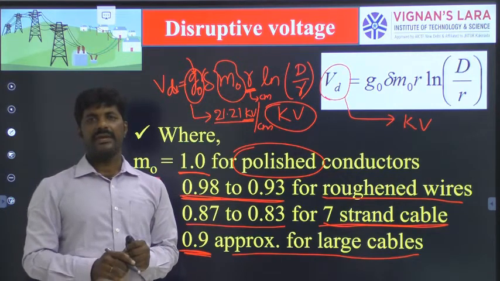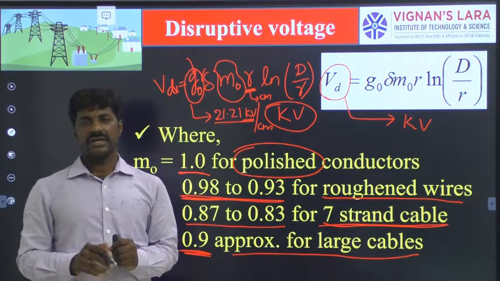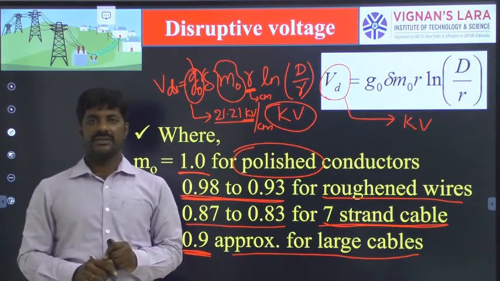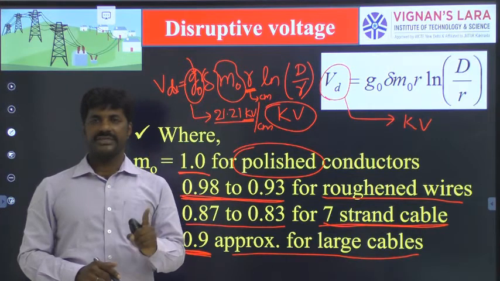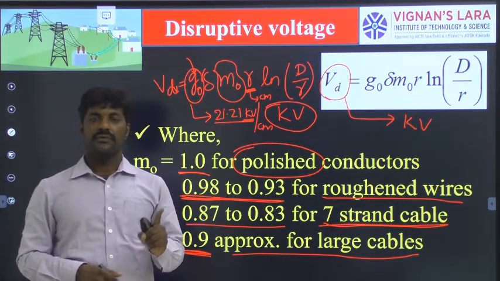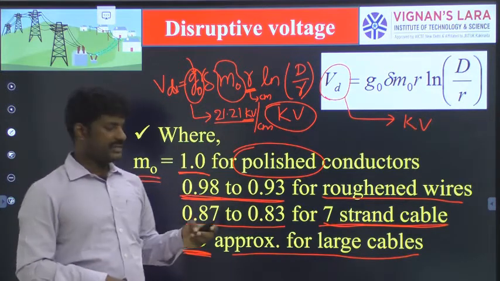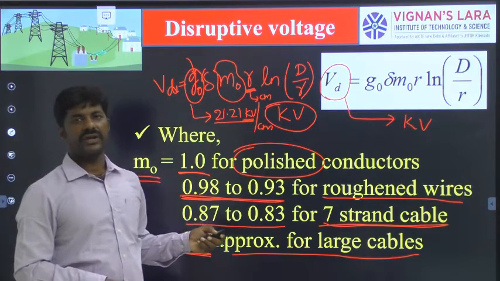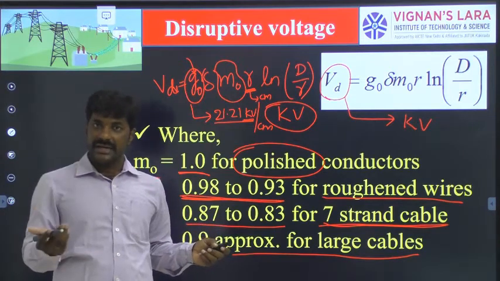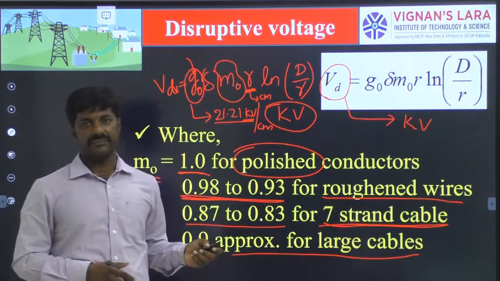Such a phenomenon is identified as luminous glow, by which the corona can be visualized. So the voltage at which glow appears is known as visual critical voltage. Let us see the calculation of that visual critical voltage. In general, its value VV will be greater than VD.